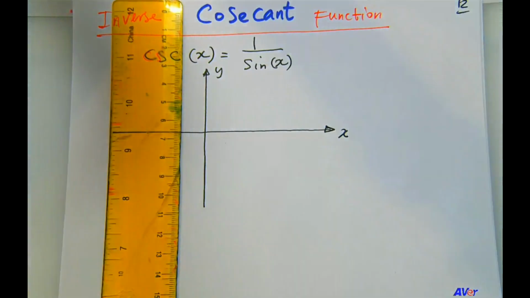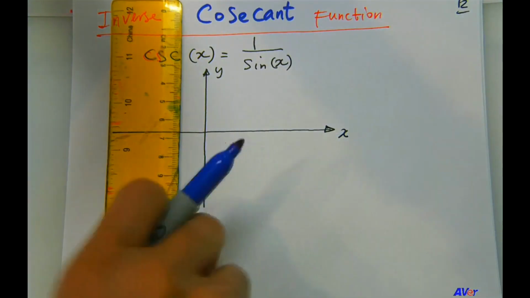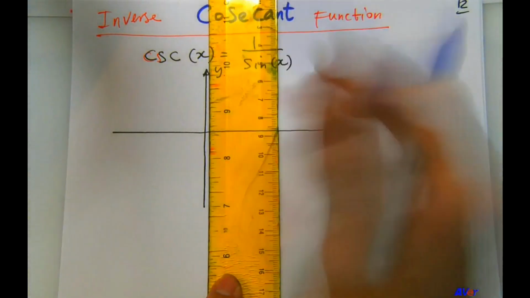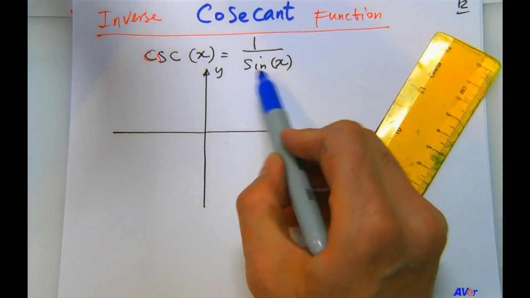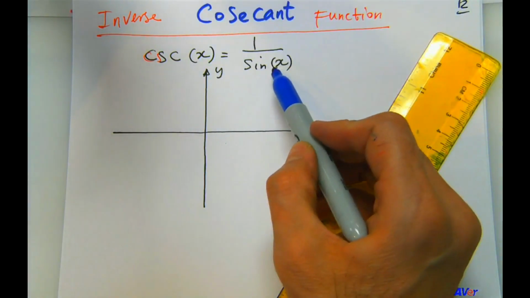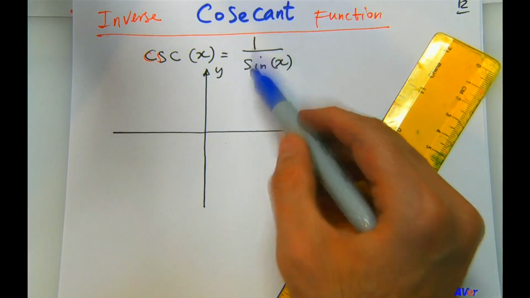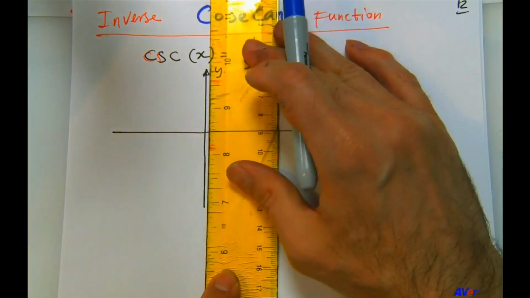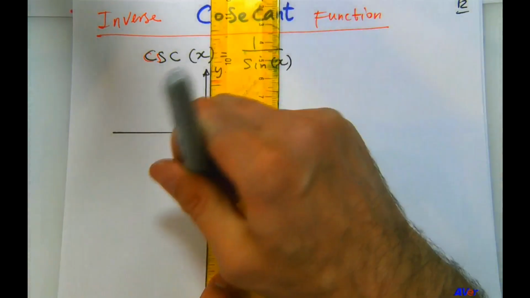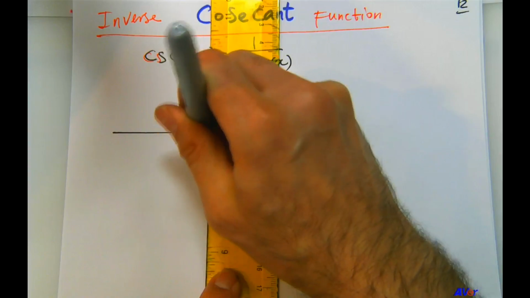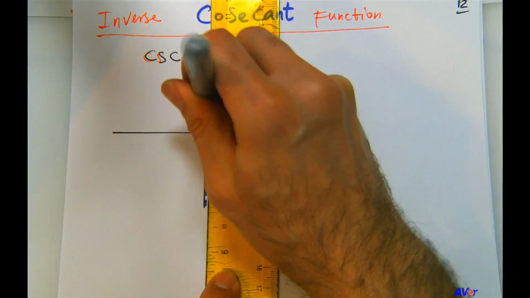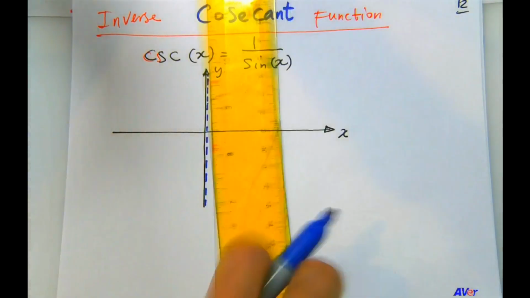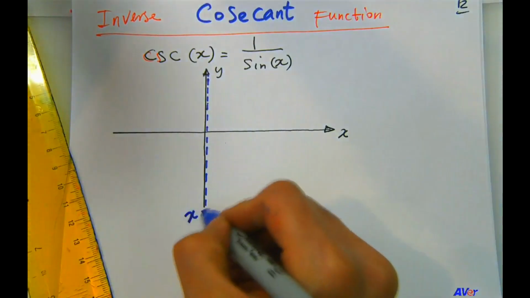Okay, so we know that x equals 0, or the y-axis, is a vertical asymptote, because sine of 0 is 0, and that would be dividing 1 by 0, which we can't have. So this y-axis is one of the vertical asymptotes for the cosecant function. So that is x equals 0.